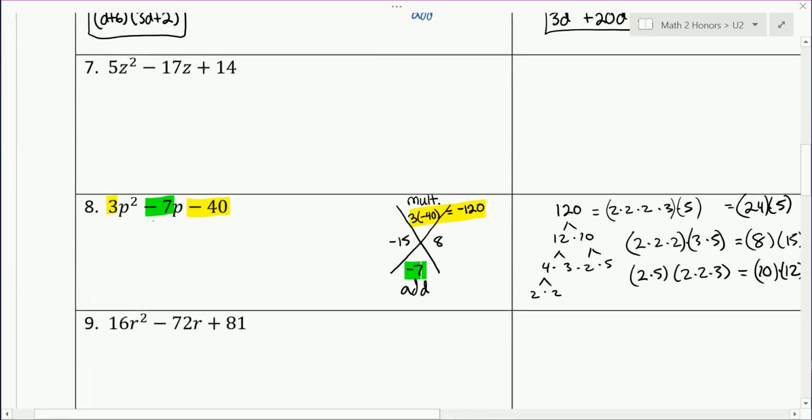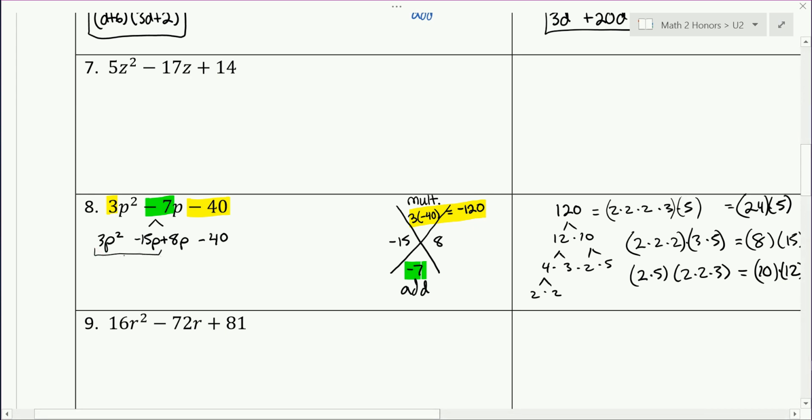So then the next step is to split this up to negative 15p plus 8p. And then we carry down the 3p squared and the negative 40. So we expanded it from 3 terms to 4 terms. Now we can use our factoring by grouping.